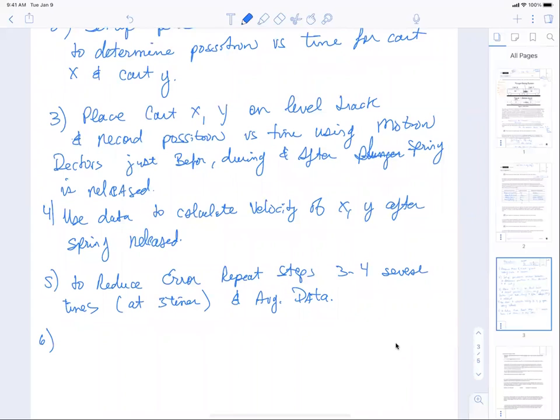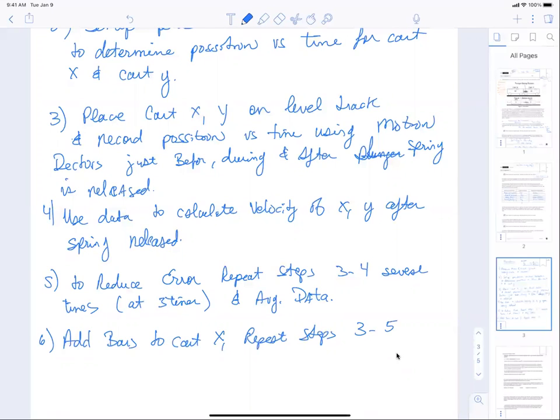Number 6. Add bars to cart X. Repeat steps 3 through 5.